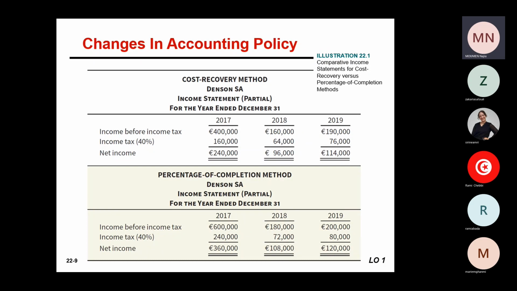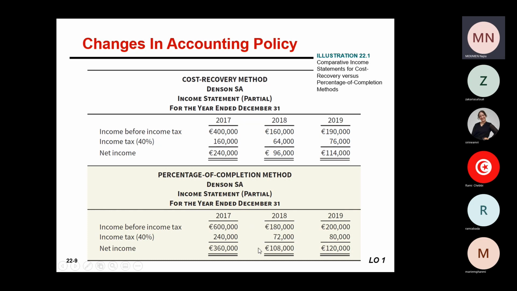Now, if you take a look at this income statement as presented, but based on the new method, the percentage of completion method, you see the income before income taxes will be higher because now we are recognizing gross profit in every period. It is 600, then 180, then 200.